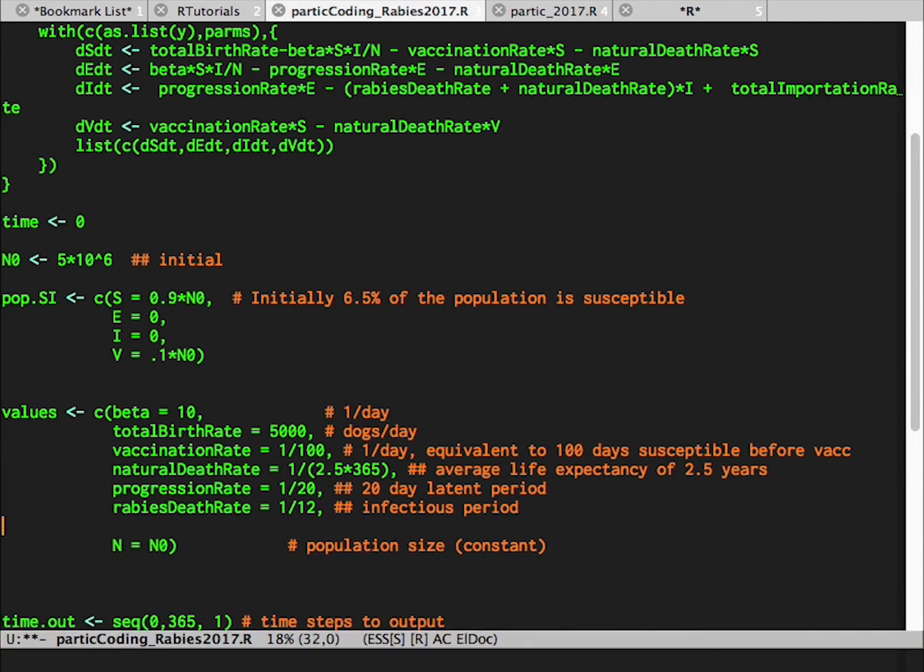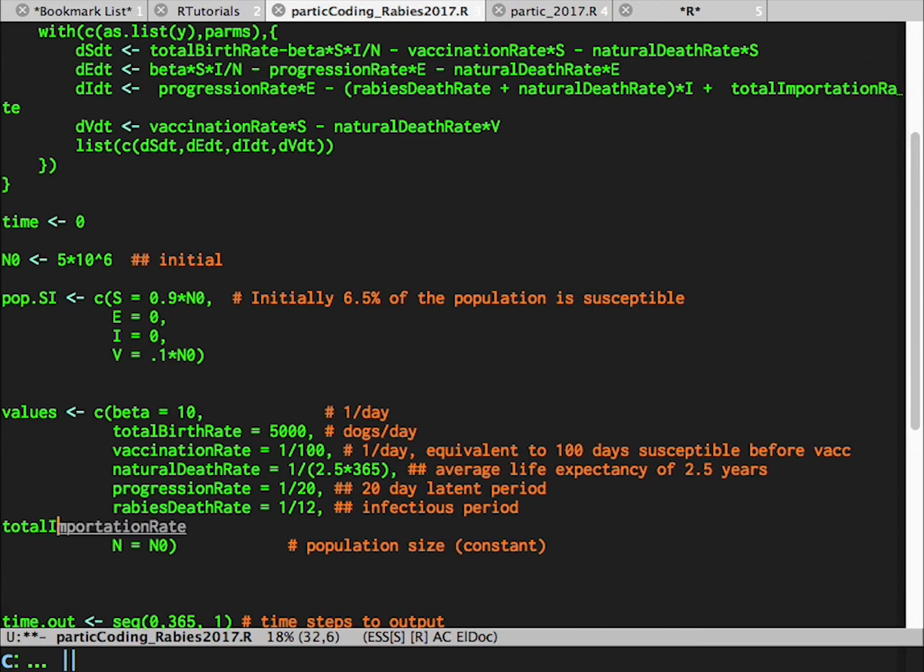And what do we have next? What's our next parameter? Total importation rate. And again, what are the units of this one? Dogs per day. Okay.